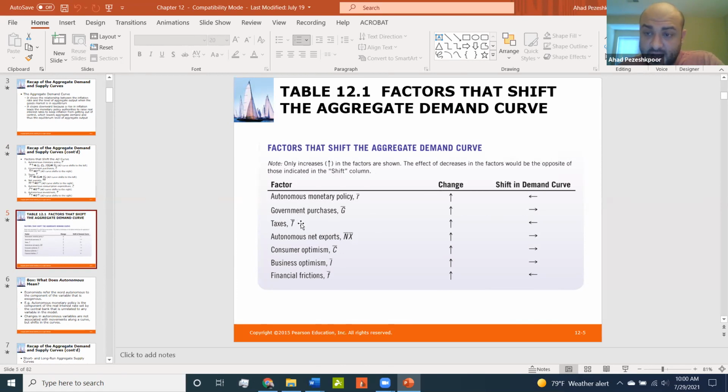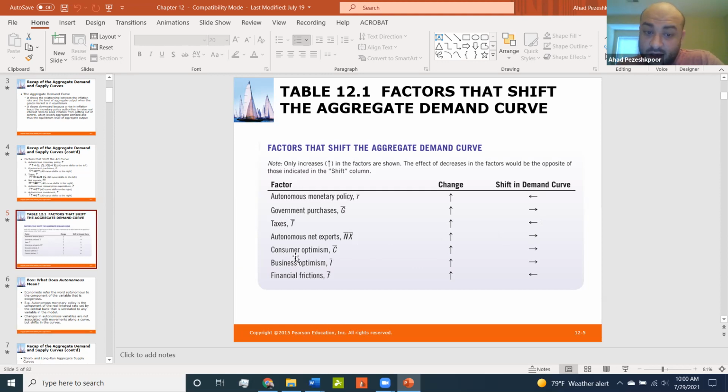Always ask yourselves, how does this change affect aggregate output? If aggregate output goes down, that means your aggregate demand curve shifts to the left. If aggregate output goes up, then the aggregate demand curve would shift to the right.